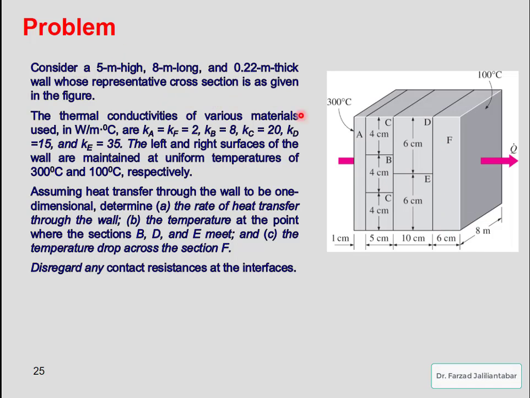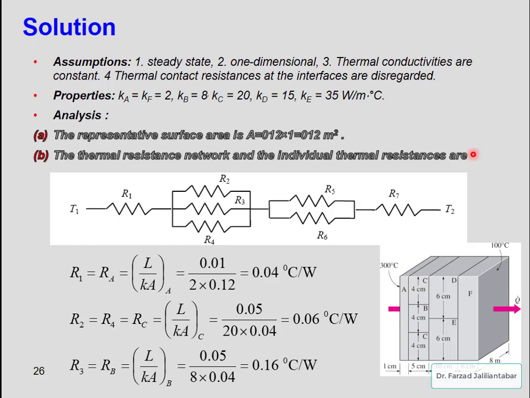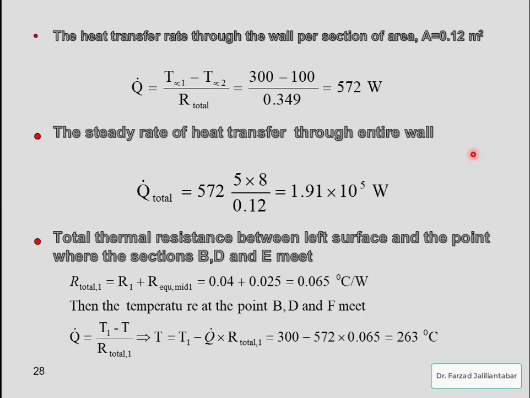So 5 times 8 will give us the total surface area of the wall. To calculate total heat transfer, we should divide this total surface area by our assumed surface area. Then we will have the rate of heat transfer through the entire wall.